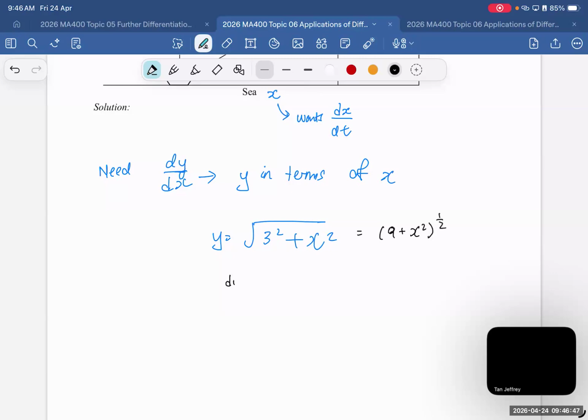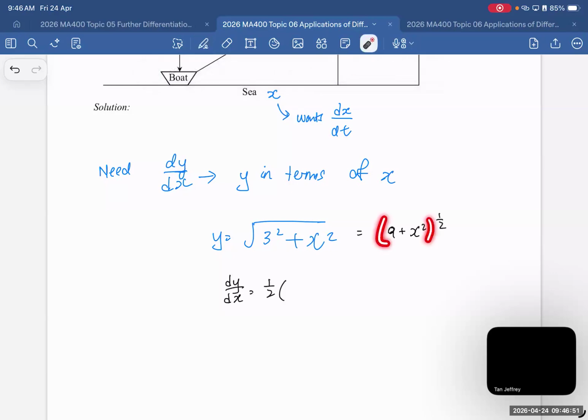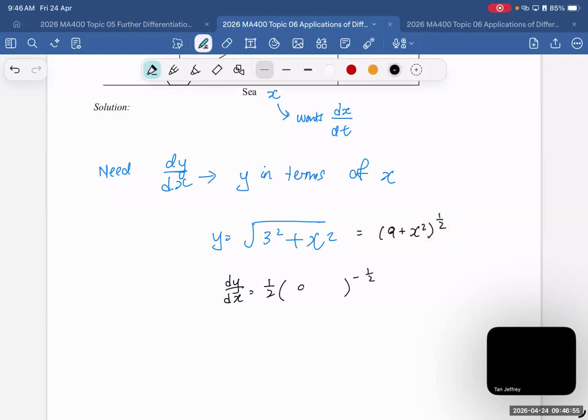What is dy/dx? dy/dx is just half, so I differentiate the outside. Power goes in front, power drops by 1, times 2x. Cancel, cancel. Okay, this is the dy/dx.